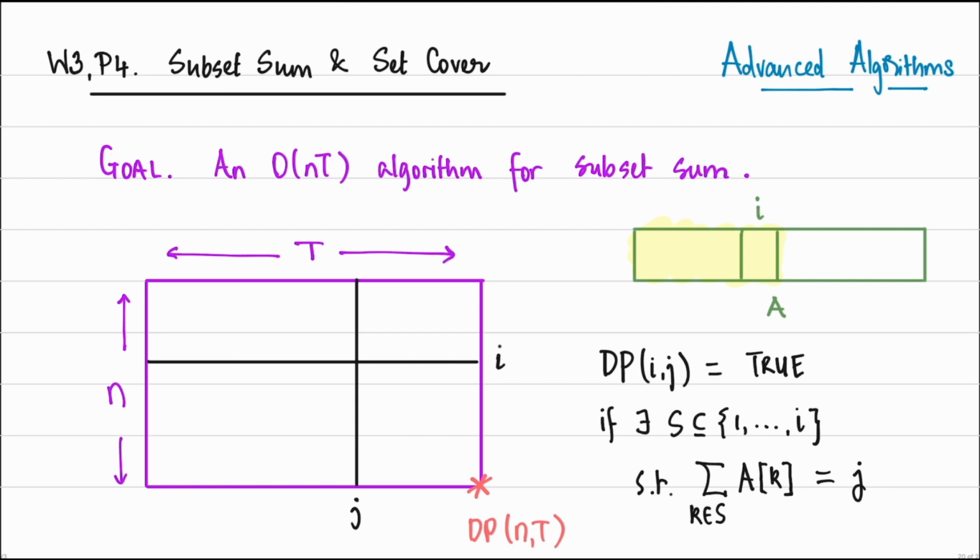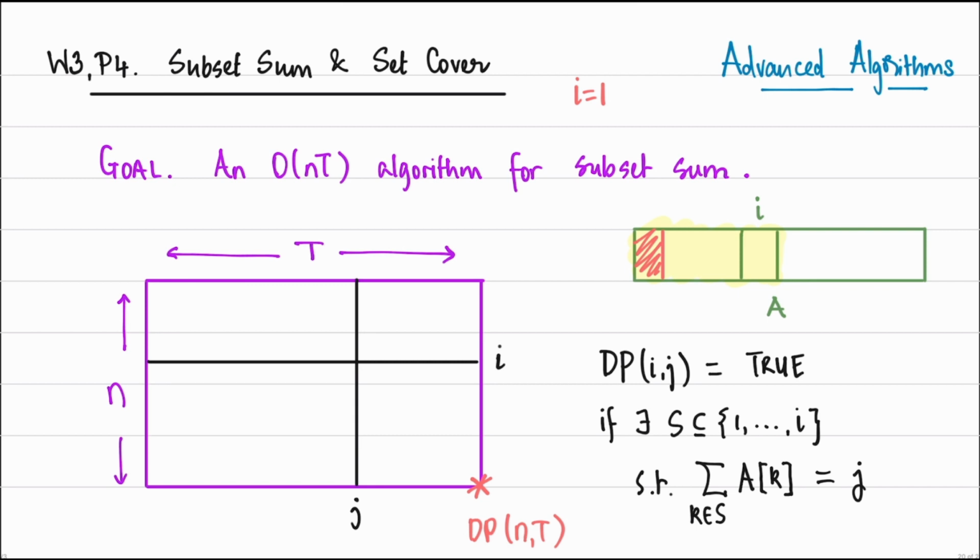So, if you stare at this, a natural choice of base case would be when i equals 1, because then you're just focused on the first entry in the array, and there's only one target that this can actually achieve, which is essentially the value that is in that location, right?